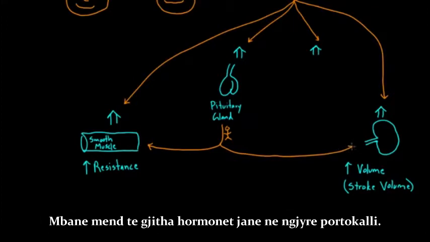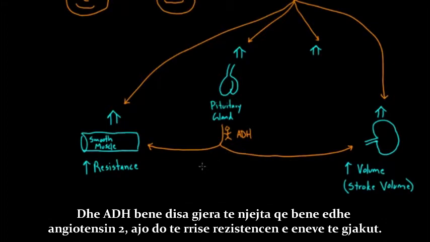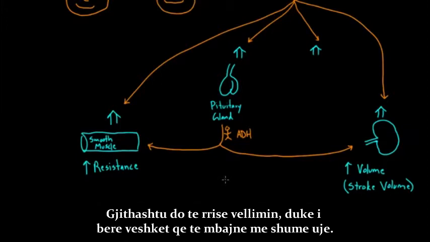Remember, all our hormones are in orange. And this one is called ADH, antidiuretic hormone. And that ADH does some of the same stuff at the end of the day that angiotensin II will do, in that it will increase resistance of blood vessels, and it will actually also increase volume by making the kidney hold on to more water.